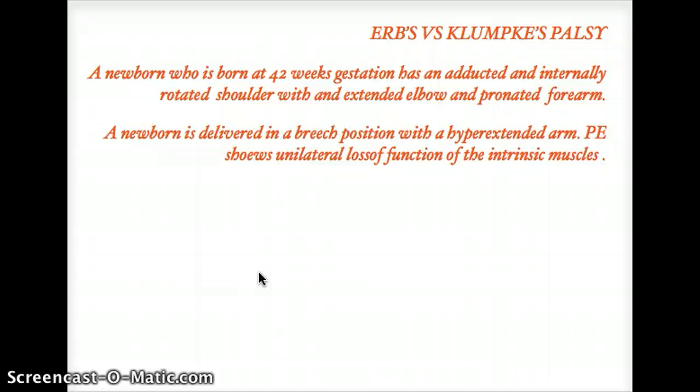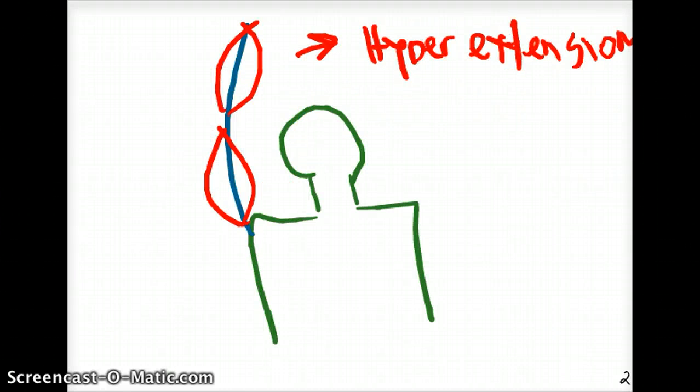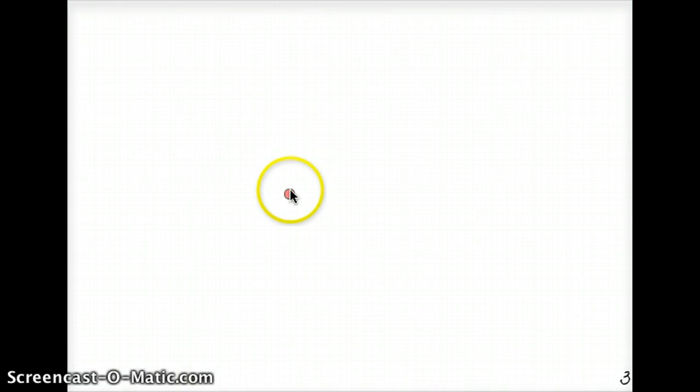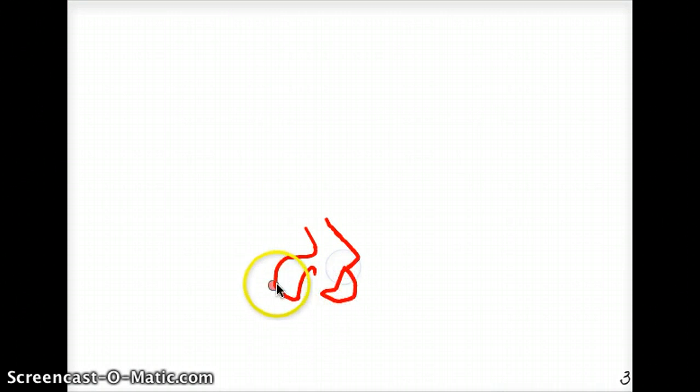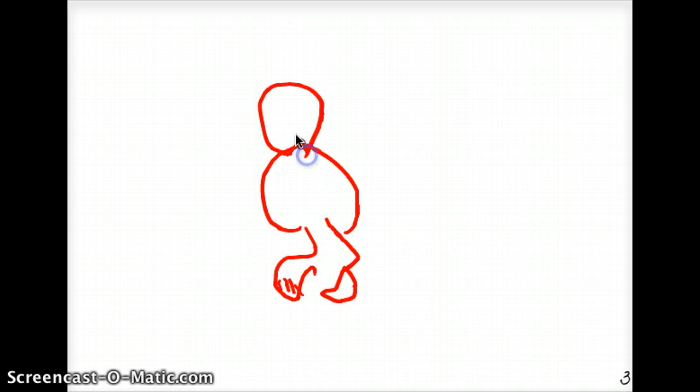The next one is, let's see what the next example says. The next example says a newborn is delivered in a breech position. What is breech position? Breech position is a delivery where the baby comes out with legs first. Okay, that is a horrible diagram of the leg, but imagine this is the baby.